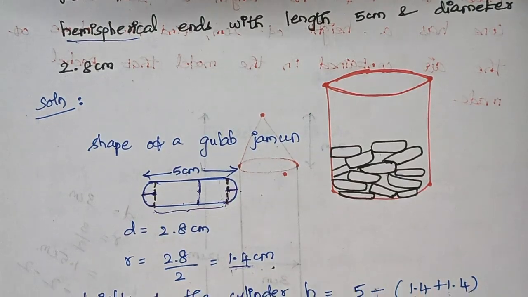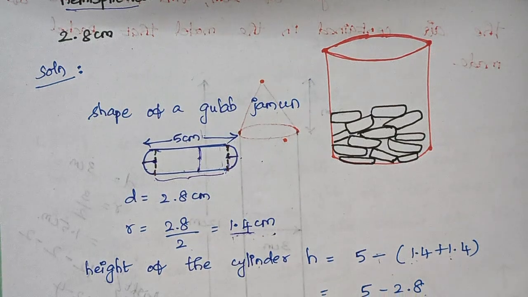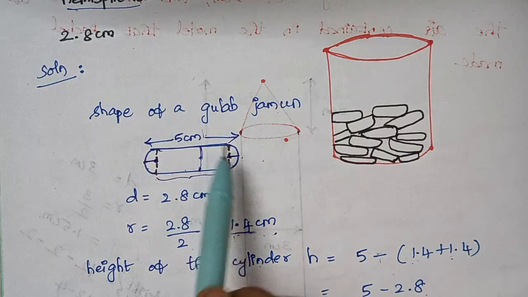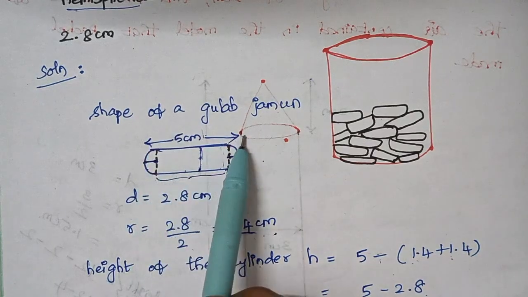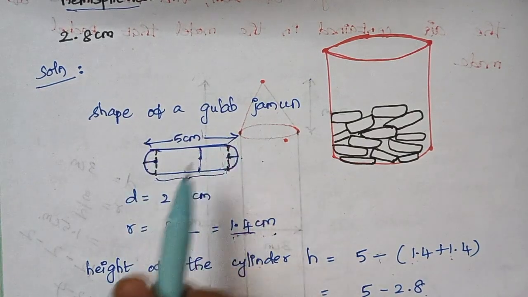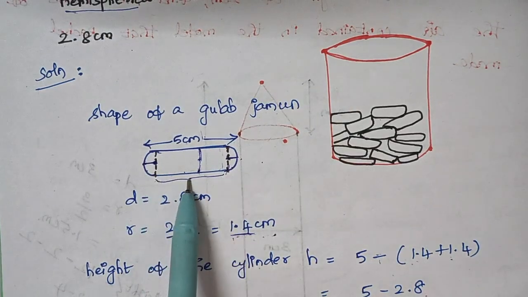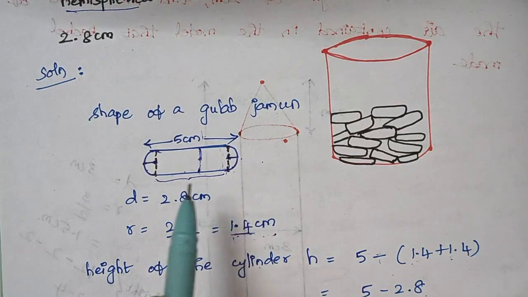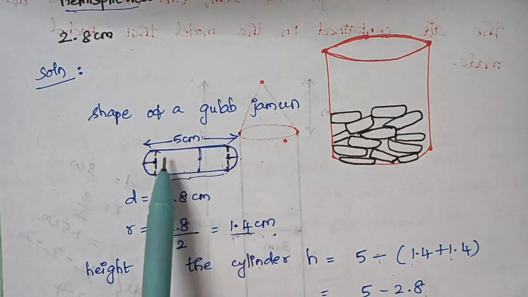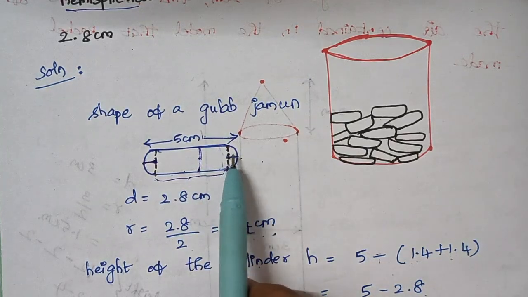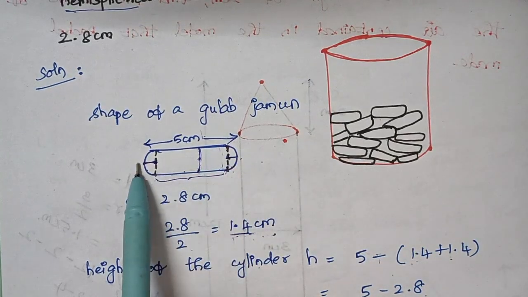Now we are going to find the height of the cylinder, because this is our cylindrical part. But the total length is given as 5, so we have to find the length of this portion. How to calculate it? The total length is 5, and you have to eliminate this part as well as this part.